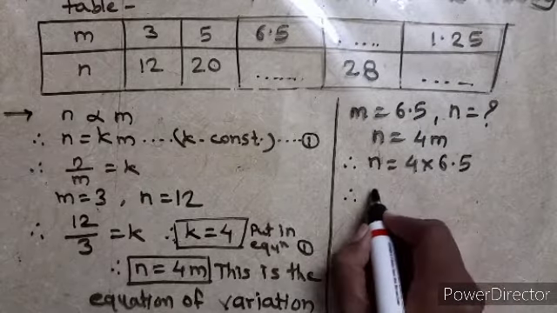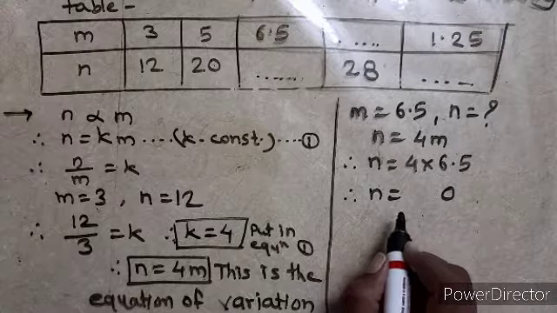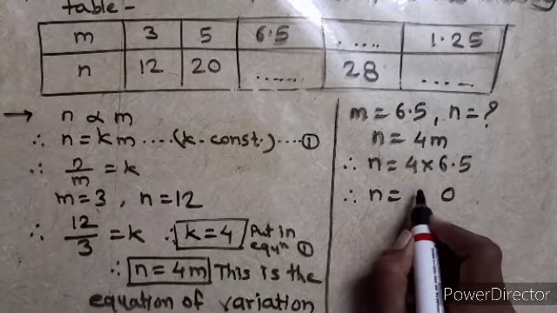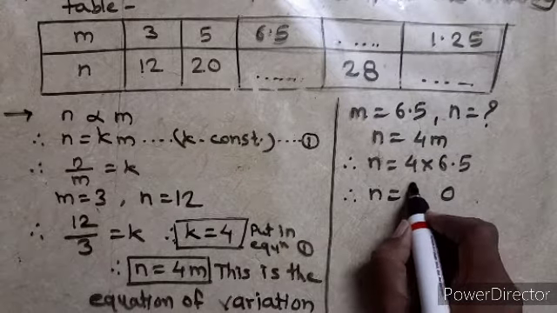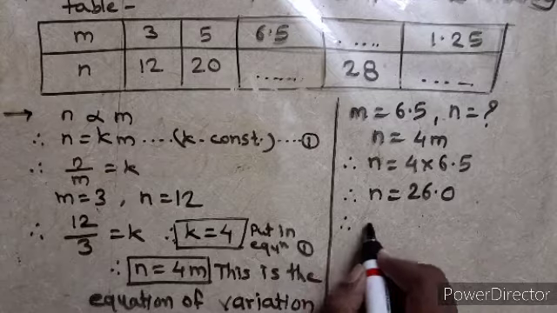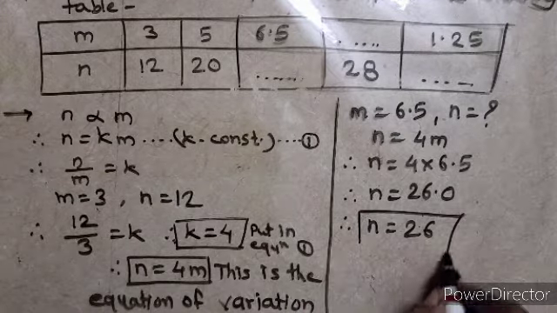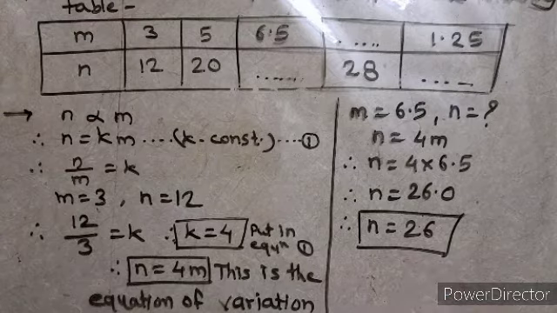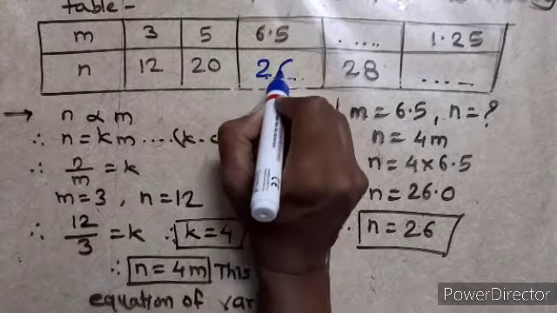Carry out the multiplication. 4 5s are 20, borrow 2, 4 6s are 24, plus 2, 26, and this is the point. Therefore n is equal to 26 is the first value calculated by us. So write here 26.